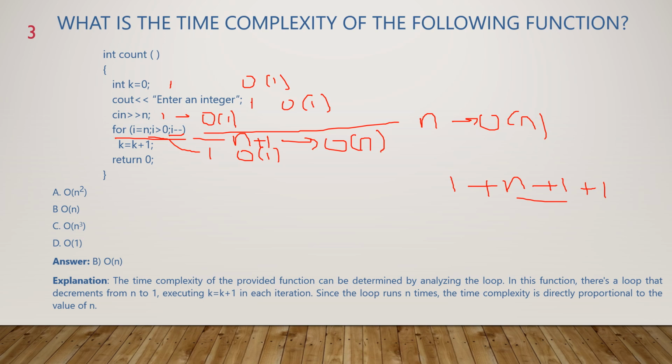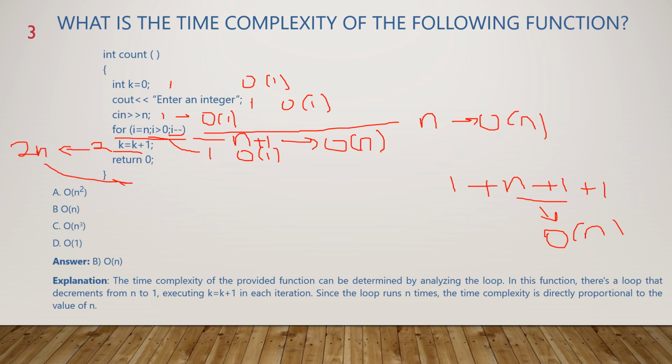For this n plus 1, the running time is big O of n. And this one is similar, it is 2 times, but this depends on n, so it is 2n times.